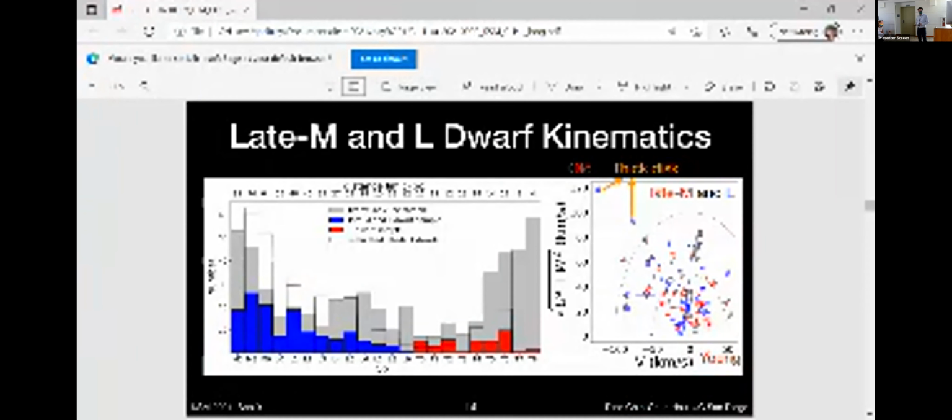Again, lower right is a younger population and upper left is the older population. It's hard to see because of the projection here, but there's a bunch of kinematically older L dwarfs along with some late Ms. Actually, blue L dwarfs have a higher halo fraction, about 8% compared to 3% for late Ms. So we realize there are kinematically older L dwarfs, more than even late Ms.